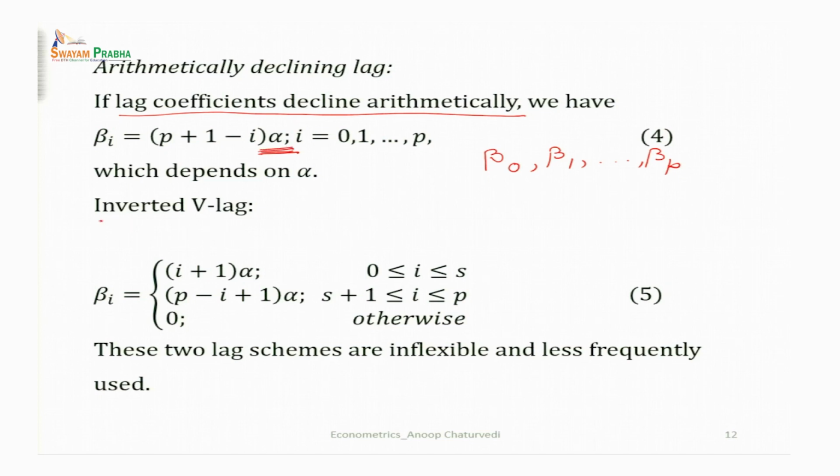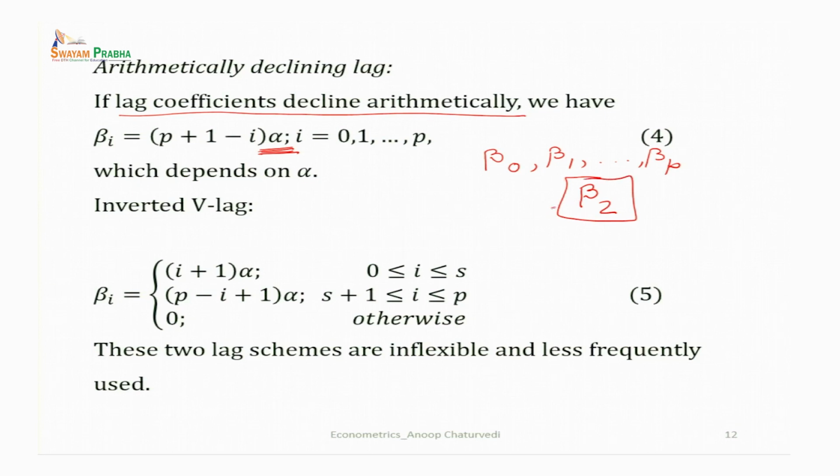Then another option is inverted V lags. In arithmetically declining lags, all the coefficients are declining arithmetically, but it may happen that say 2 period lag value has maximum weight, say beta 2 has maximum weight. In arithmetically declining lag, such kind of possibility is not there. Say any change in economic policy, say any change in interest rate or any investment in infrastructure may have maximum impact after 2 years.